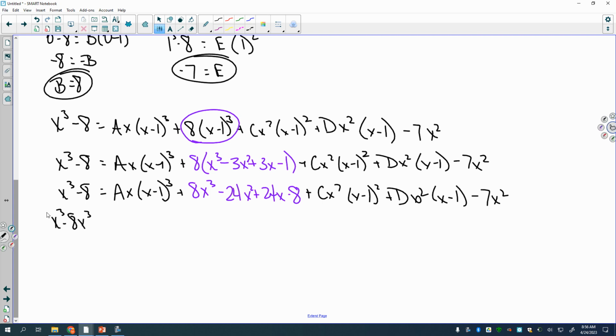I'm going to add the 24x squared. I'm going to subtract or add the 7x squared, subtract the 24x, add the 8. The minus 8 was already there. And then everything else here with the A and the C and the D all stay here.